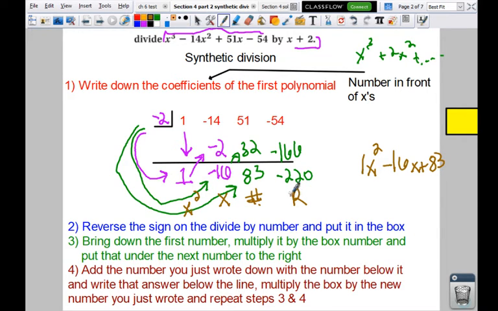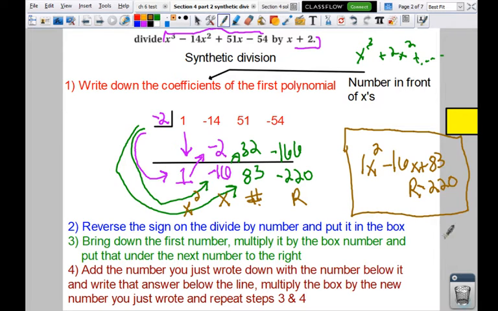And this last thing is my remainder. So remainder, negative 220. So my final answer, after I divide, I get 1x squared minus 16x plus 83, remainder, negative 220. And this is my final answer afterwards.